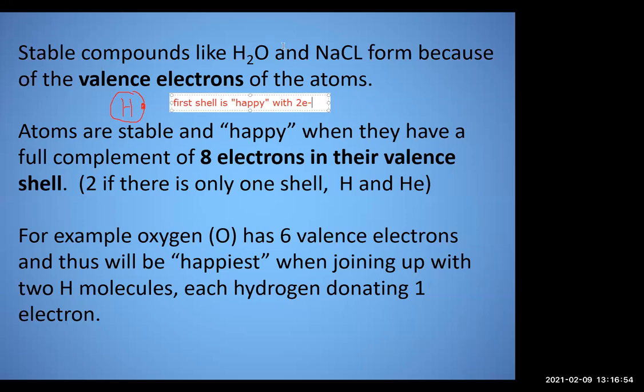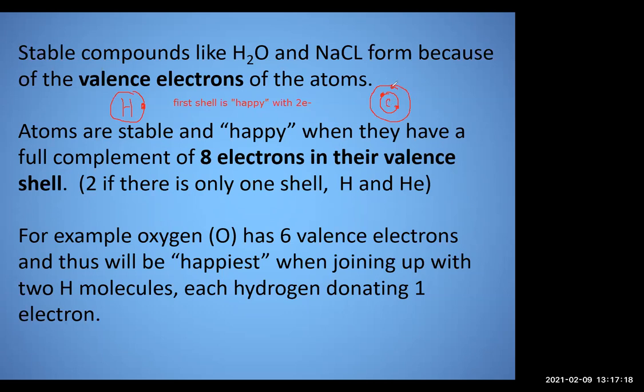The next shell out. If you have 2 shells, we'll make here 2 on the inside, and we'll make a second shell out here. We'll make this carbon.